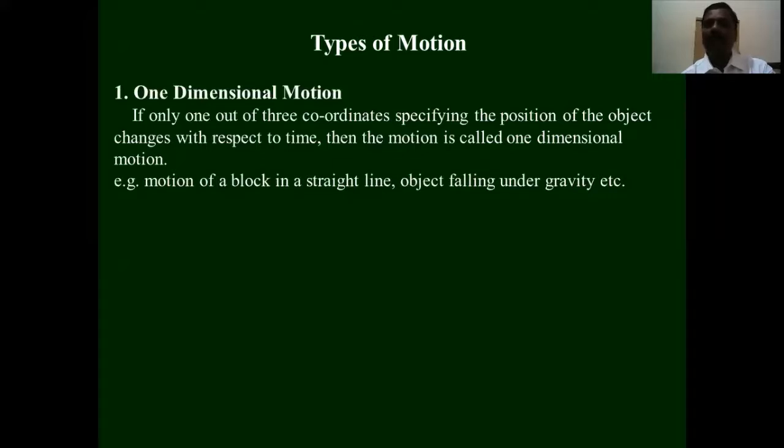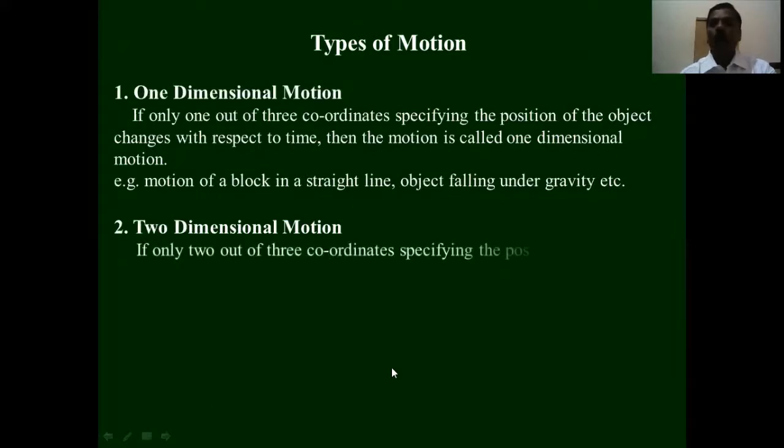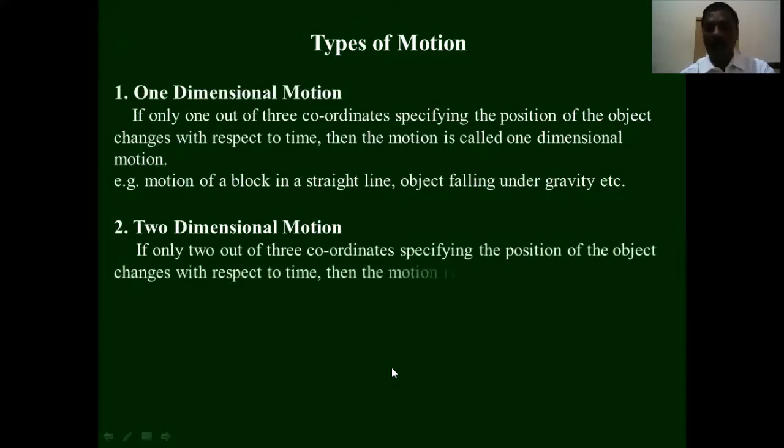You will find a large number of examples around us. Secondly, you will find the second type of motion, that is two-dimensional motion. Now, when we consider this two-dimensional motion, two coordinate axes are required to specify the position of the object.